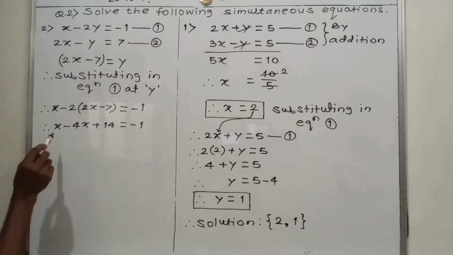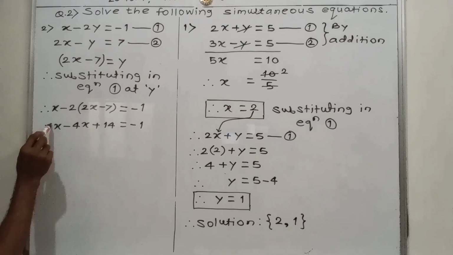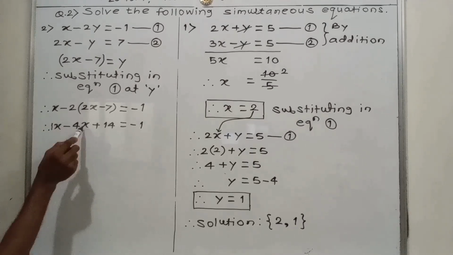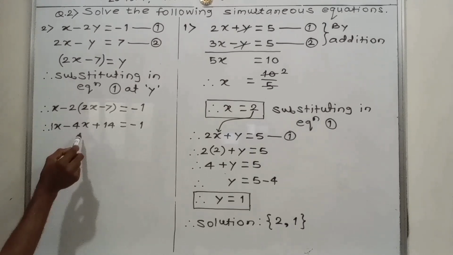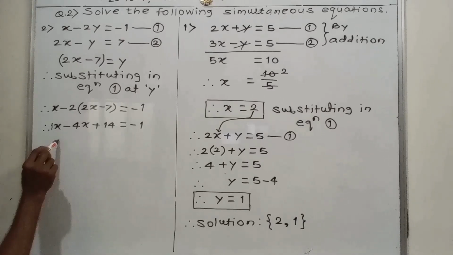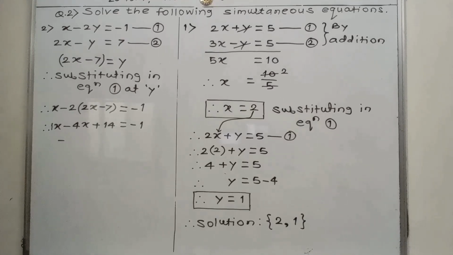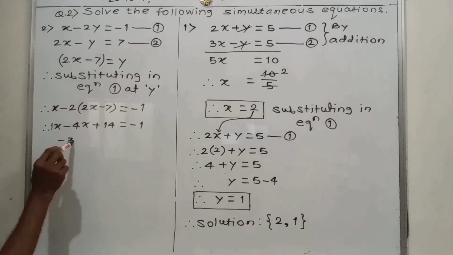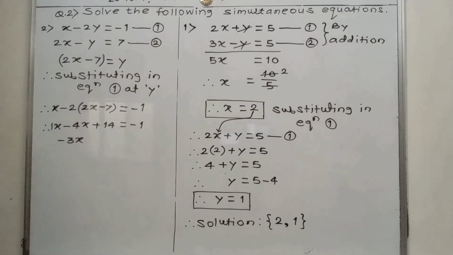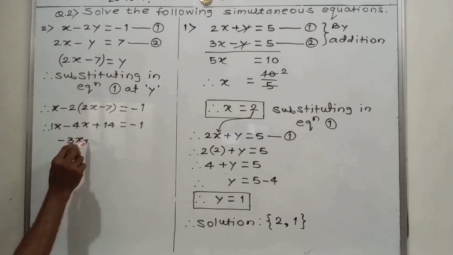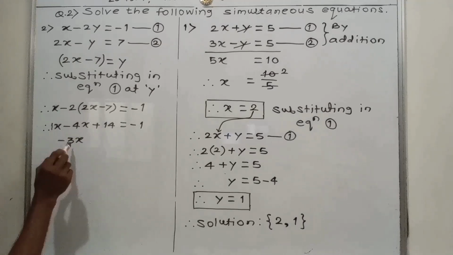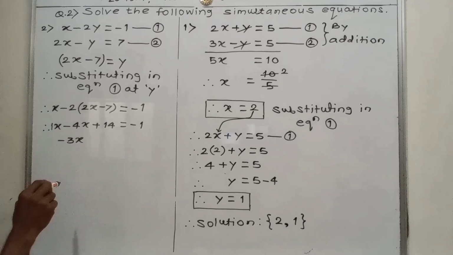Did you get it? Now here, 1x minus 4x, 4x is bigger and the sign is minus, so we give that sign, and we get minus 3x. These are like terms, so we add or subtract.